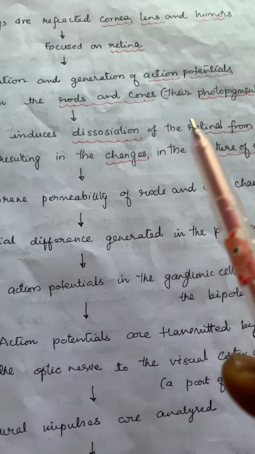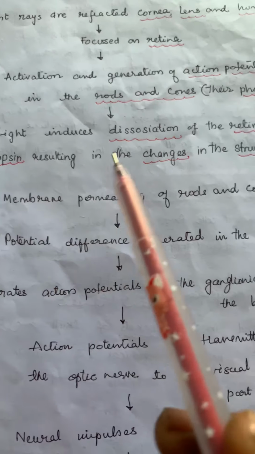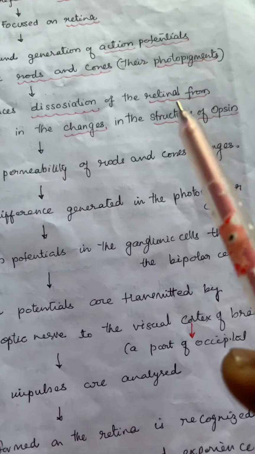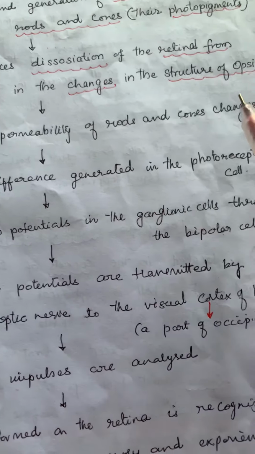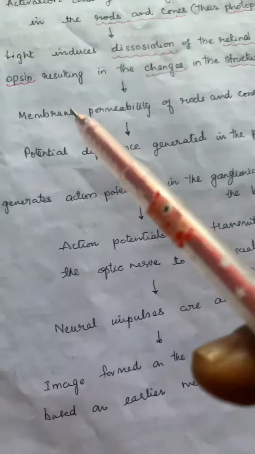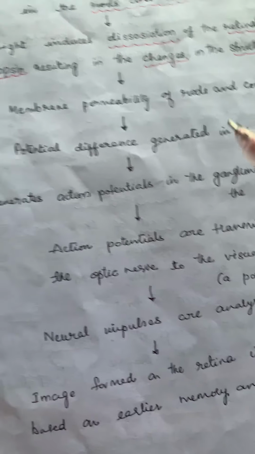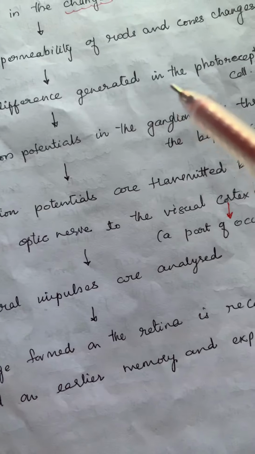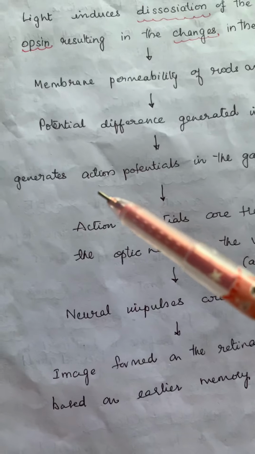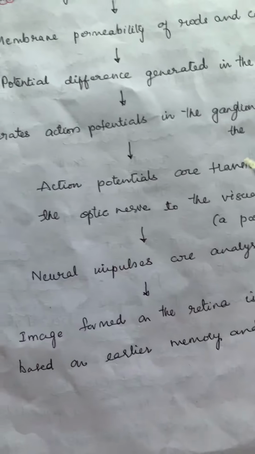Their photopigments and light induce dissociation of the retinal from opsin, resulting in changes in the structure of the opsin, which brings membrane permeability changes in the rods and cones, which generates potential difference in the photoreceptor cells, again generating action potentials in the ganglionic cells through the bipolar cells.